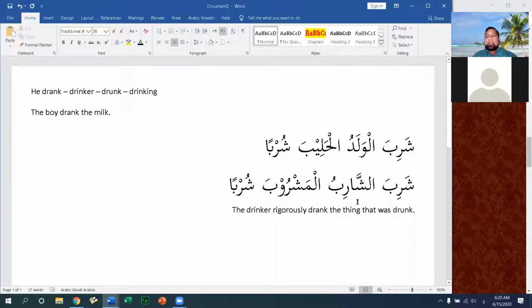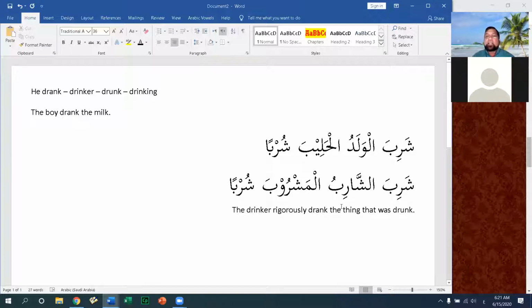So in English, we make up these words, drinker and eater and killer. But a lot of times we don't even have words for them. Just like here, instead of saying al-mashrub, I said the thing that was drunk. I had to make a big phrase because there's no other way to say this, or maybe there is. If anybody can come up with a clever way of saying that, shorter than the thing that was drunk.